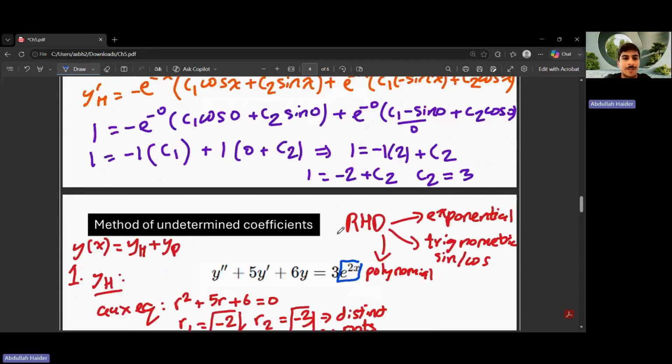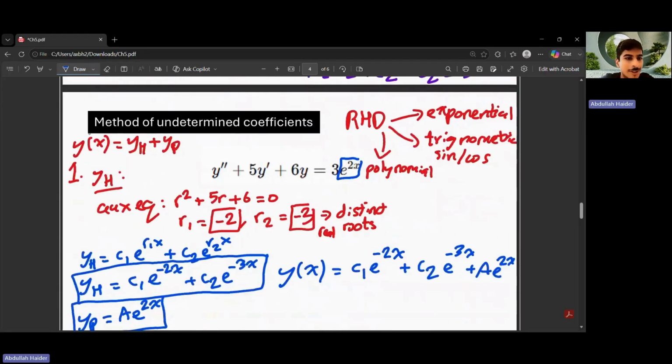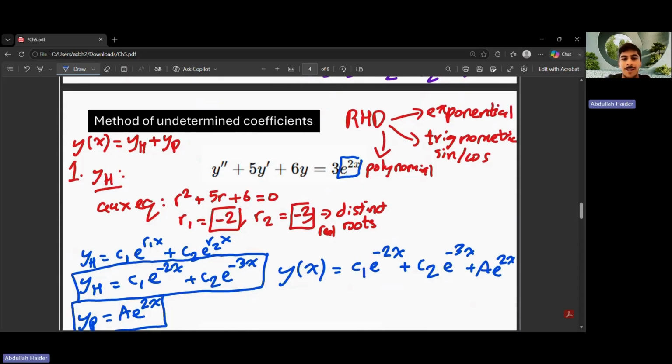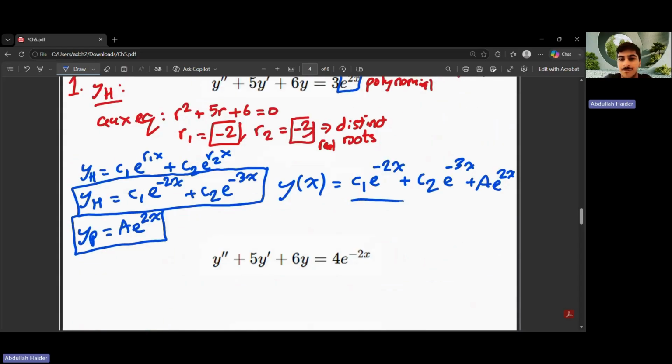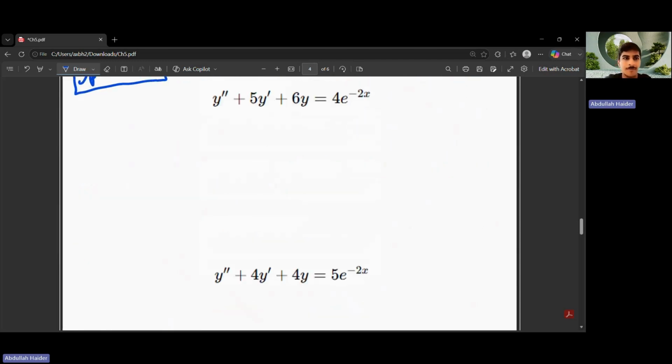As I said before, for the method of undetermined coefficients, your final answer y of x is going to be YH plus YP. This was the YH part, and this is the YP part. Now you might still have confusion about YP, but I'll explain it further here.